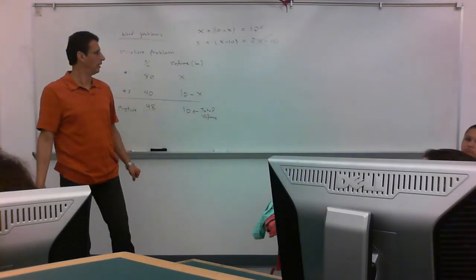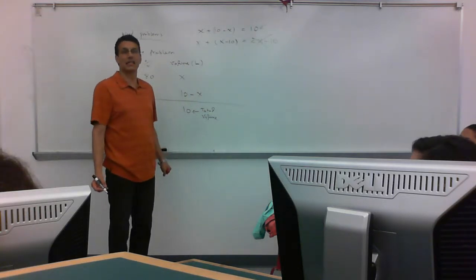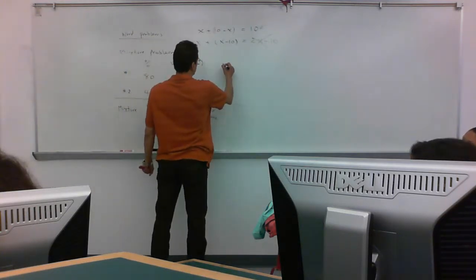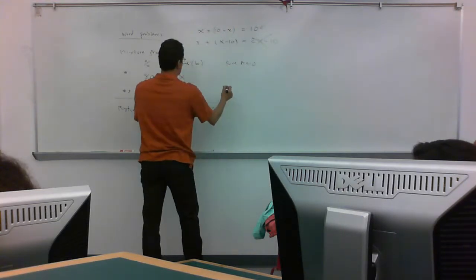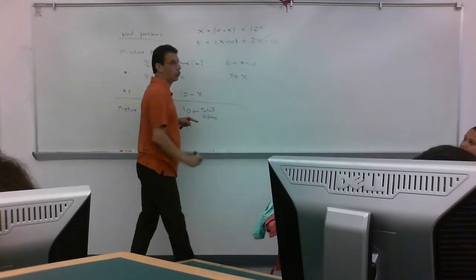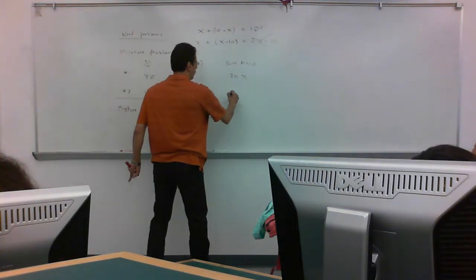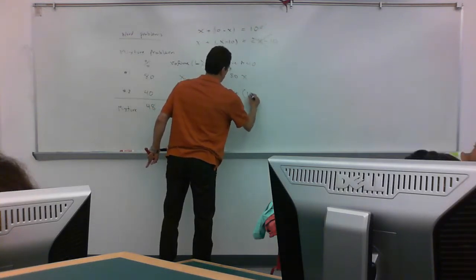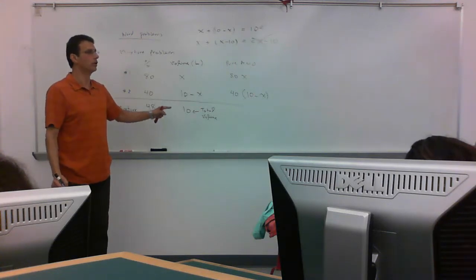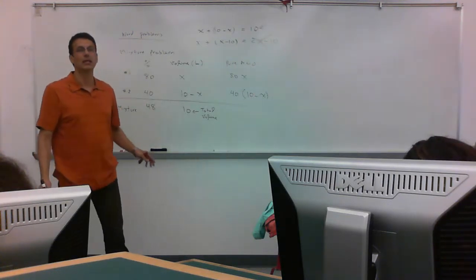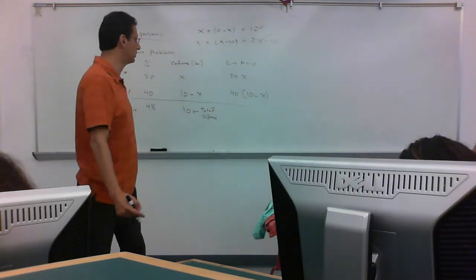Sounds good? Now, how much acid, or pure acid, do we really have? In this case, you have 80x, or better yet, 0.8 times x. In this case, you have 40 times 10 minus x, or better yet, 0.4 times 10 minus x. And the total amount of acid is constant, it doesn't change.